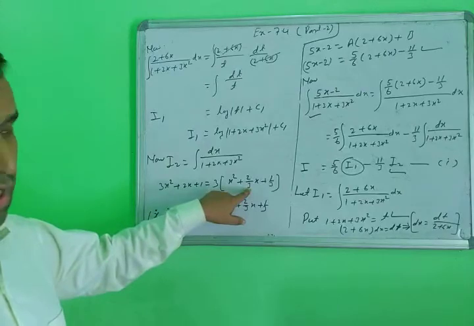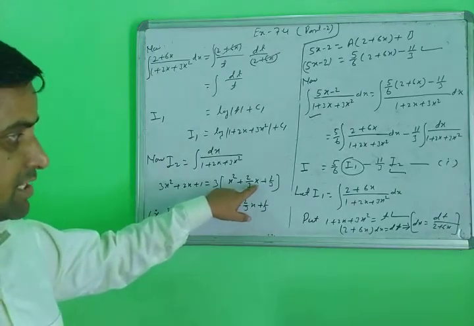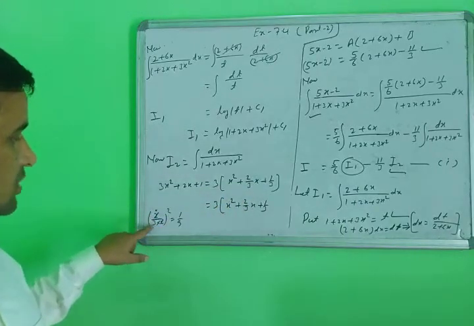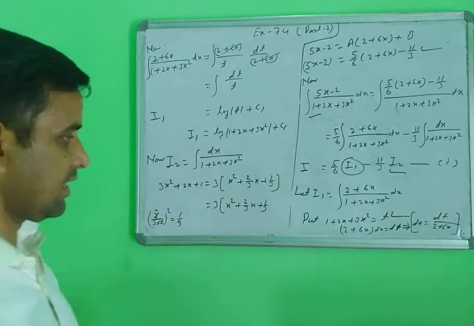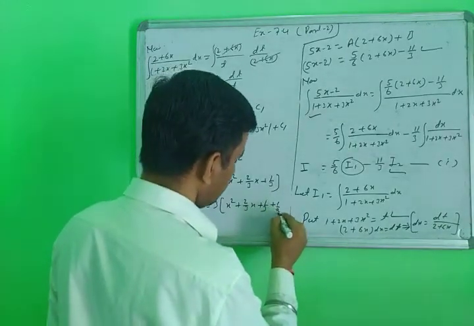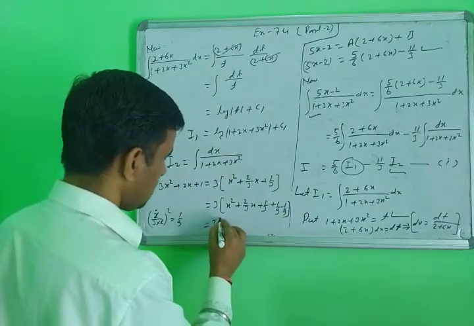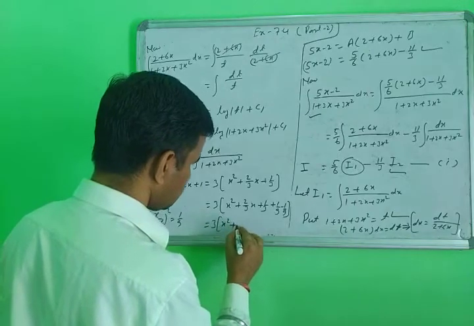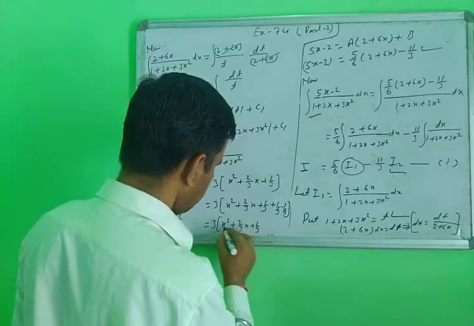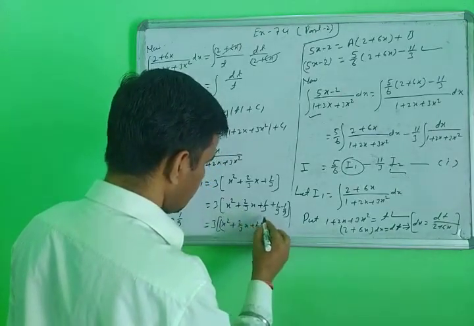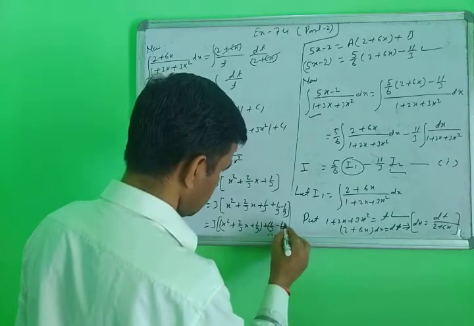Half of the coefficient of x, then square. 2 upon 3 is the coefficient of x, then divide by 2 and square it. Then what is left is 1 by 9. So you will do plus 1 by 9 here and minus 1 by 9 here. What is calculated here: 3(x² + 2 by 3 x + 1 by 9) is the first portion, and what is left here is plus 1 by 3 minus 1 by 9, the second portion.